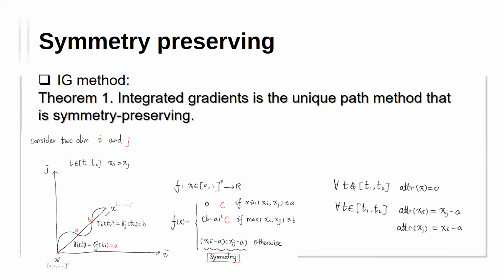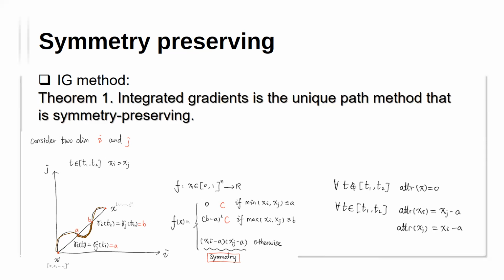The straight line is our method. Suppose there's another path, and we can always find an interval that satisfies xi is larger than xj.